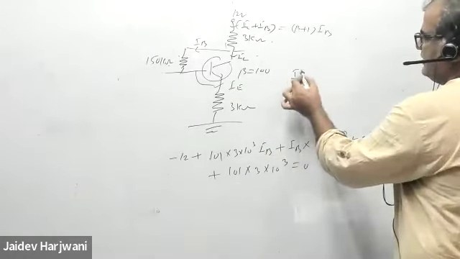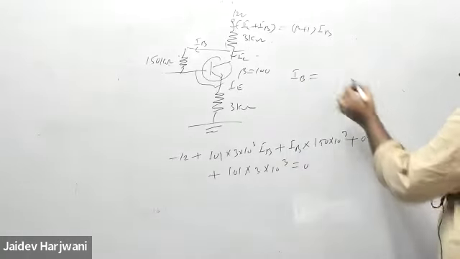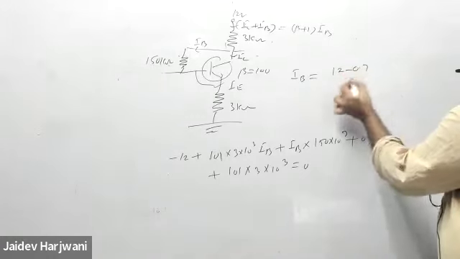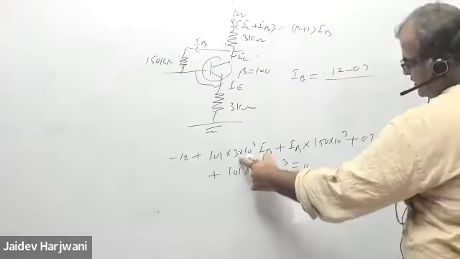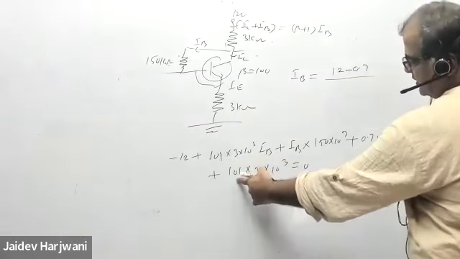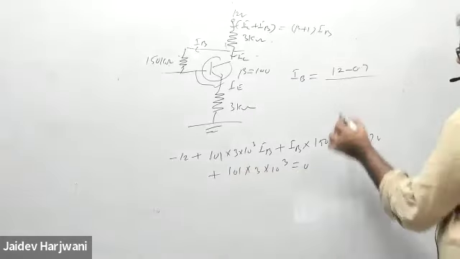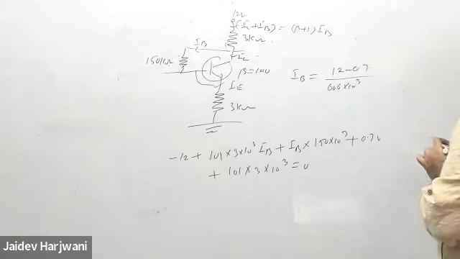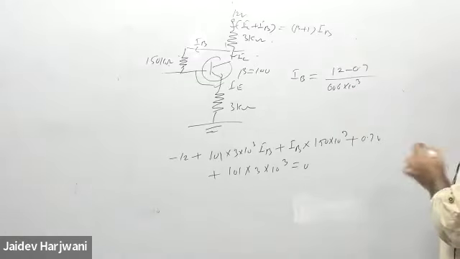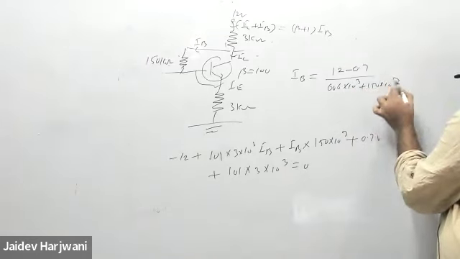So this will give you IB value. What is the IB value? Now 12 minus 0.7. Okay, this is 303, 303, 606 kilo ohm plus 150 kilo ohm.